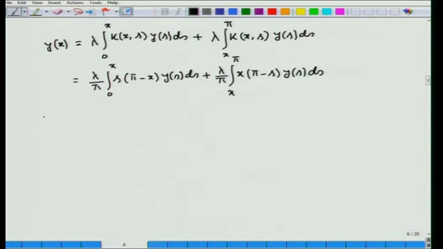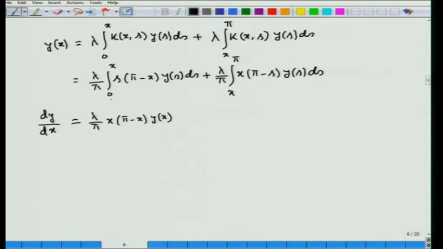Now, we apply the Leibniz formula to get dy/dx. This is equal to lambda divided by pi times x(pi minus x) y(x). Here we are just substituting s equal to x into the integrand, and the derivative of x with respect to x is 1.